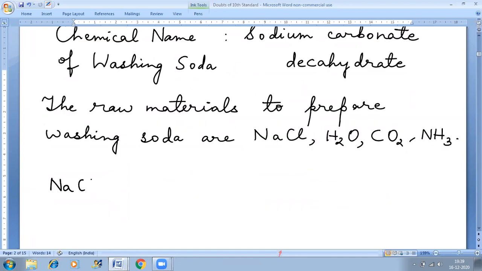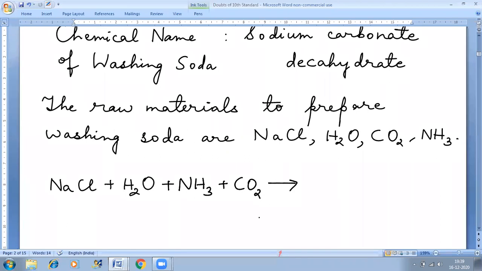So, firstly, this solution of NaCl in water, that is NaCl plus H2O, is reacted with ammonia followed by carbon dioxide. All these four react together.